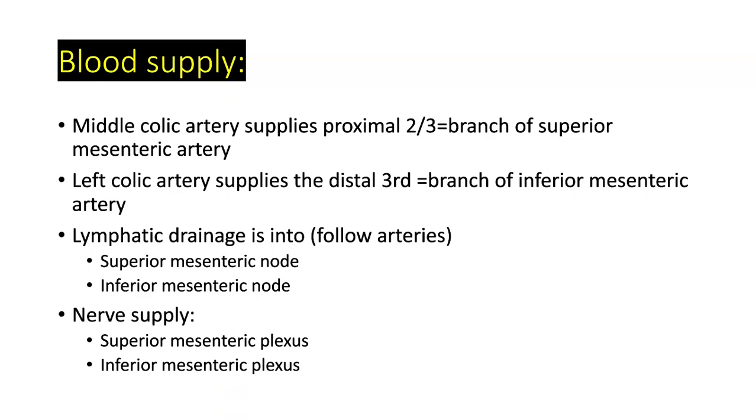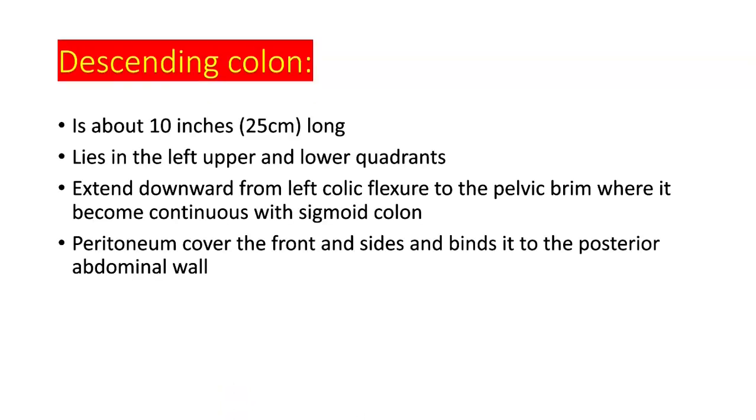The left colic artery supplies the distal third, which is a branch of the inferior mesenteric artery. The lymphatic drainage follows the arteries, into the superior mesenteric nodes and inferior mesenteric nodes. The nerve supply is the superior mesenteric plexus and the inferior mesenteric plexus.